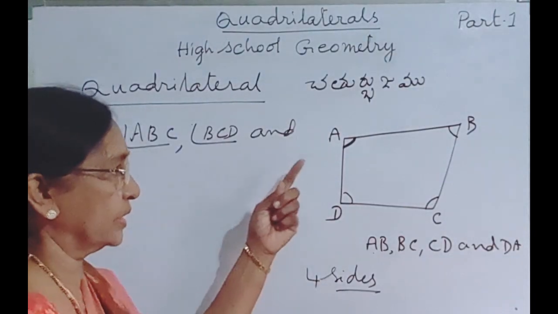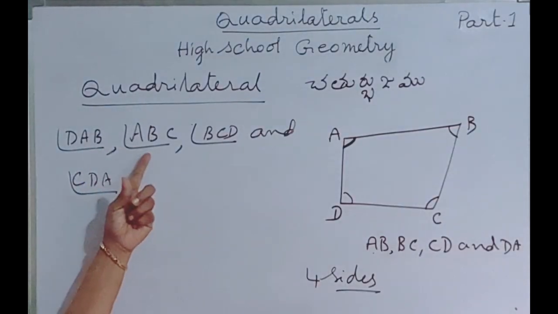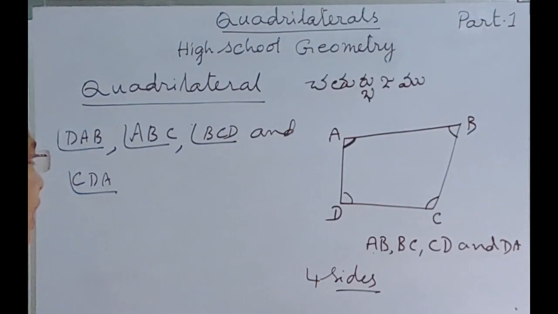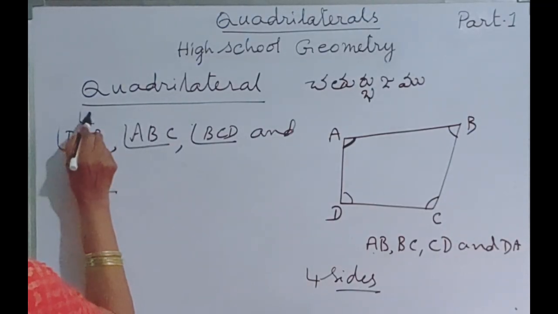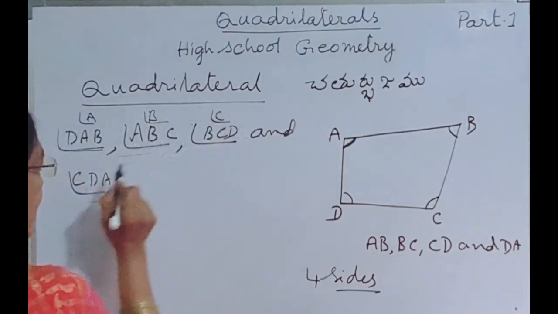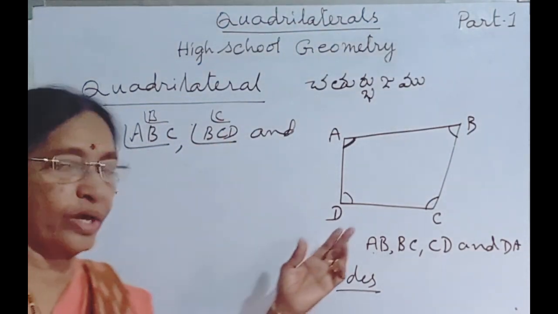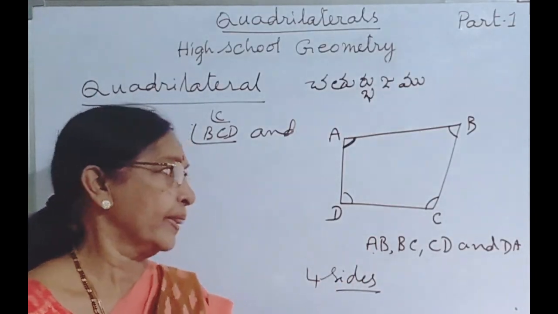So these 4 angles are read as angle DAB, angle ABC, angle BCD and angle CDA. Or simply this angle is written as angle A, and this is angle B, and this is angle C, and this is angle D. So for a quadrilateral there are 4 sides and 4 angles.